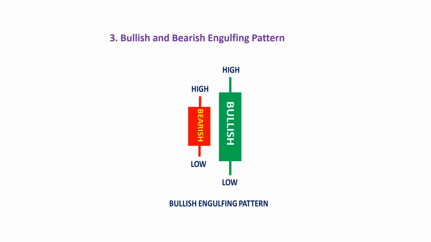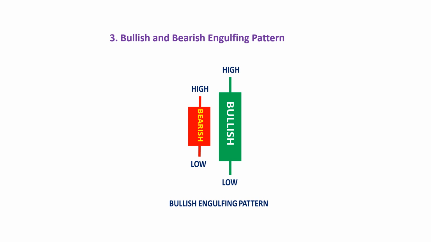Number three, bullish and bearish engulfing pattern. The engulfing pattern is a popular technical analysis pattern that can be either bullish or bearish. A bullish engulfing pattern occurs when a large bullish candle completely engulfs the previous smaller bearish candle. This pattern often appears at the bottom of a downtrend, signaling a potential uptrend reversal.